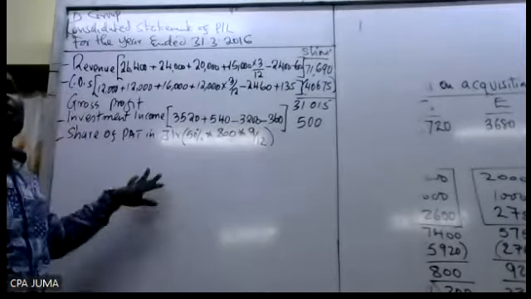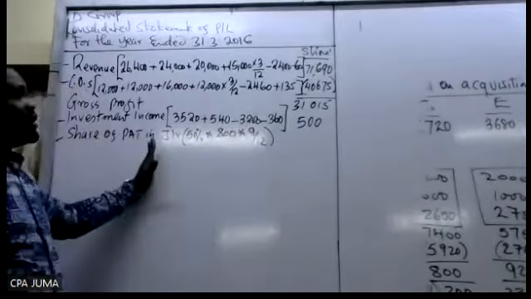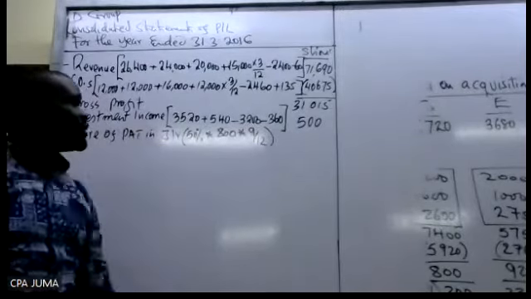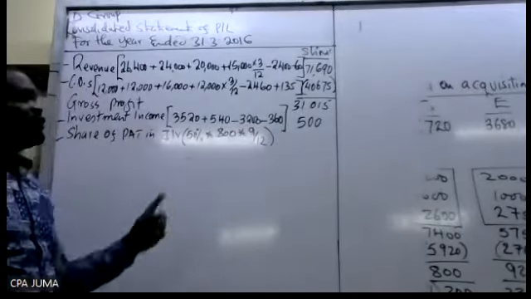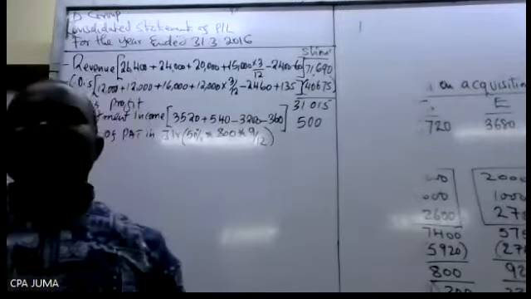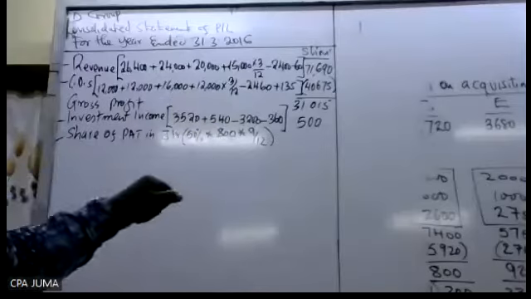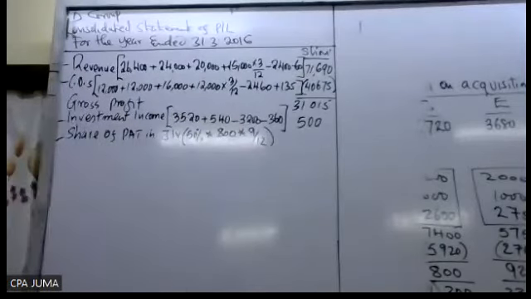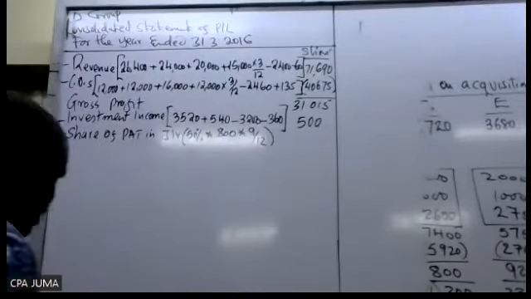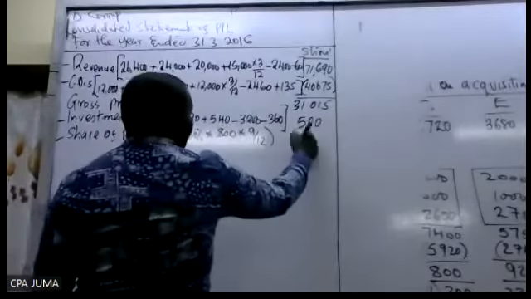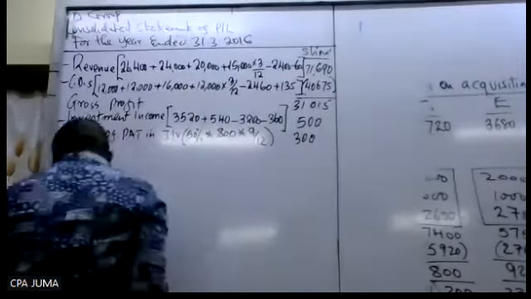It was a joint venture for 9 months. 3 months subsidiary, 9 months joint venture. So you share that profit for 9 months. How much is that? I hope you are following well. 50%, 800 times 9 over 12, you get 300. Credit that one there.